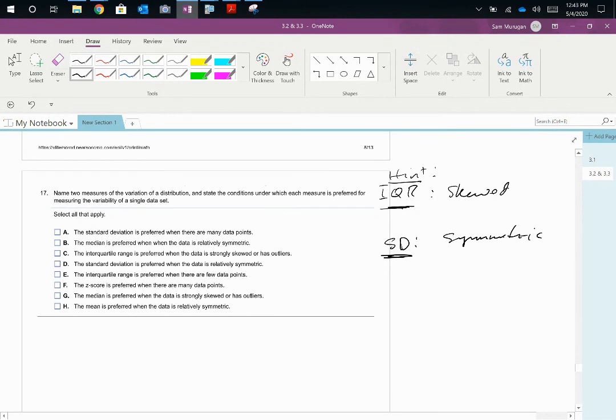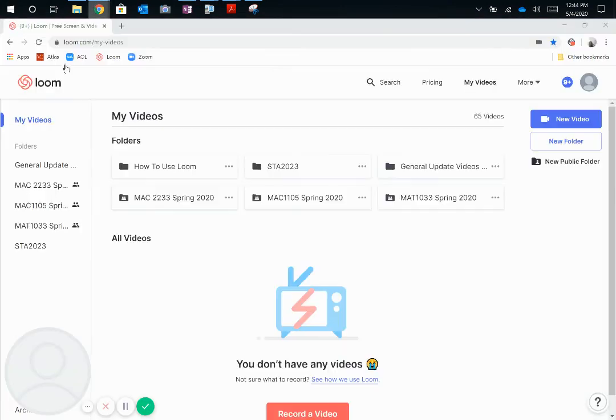And I can see the answers, but I'm not giving them to you. Okay? But standard deviation is used when the data is symmetric, and interquartile range is used when the data is strongly skewed. All right, I think that's all we have to talk about here.